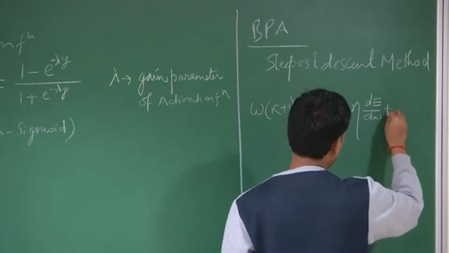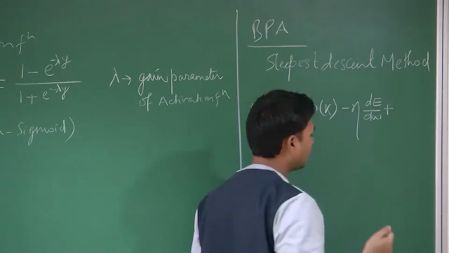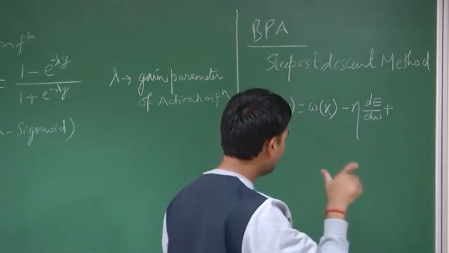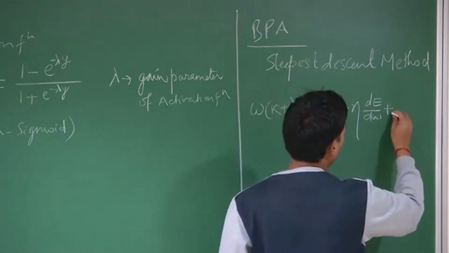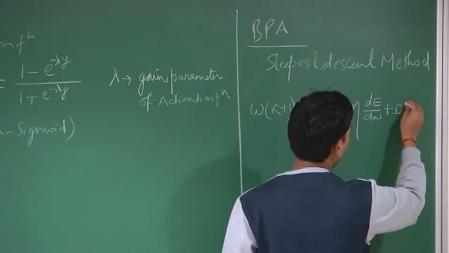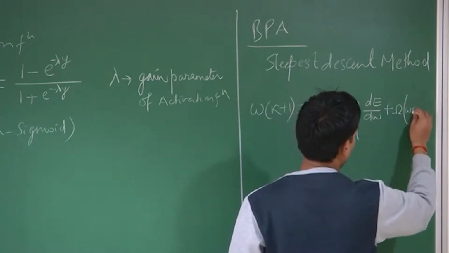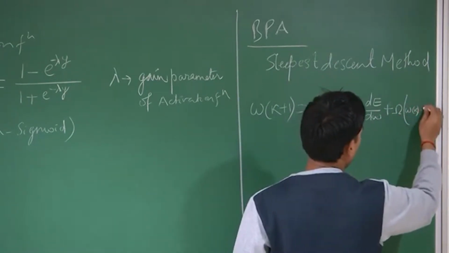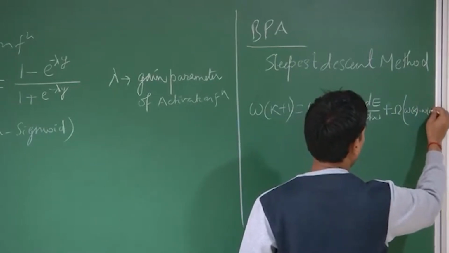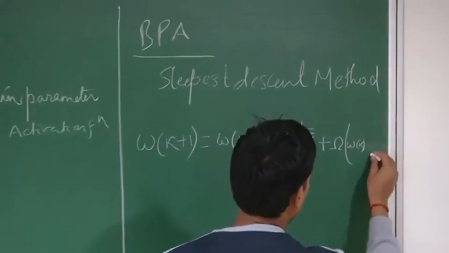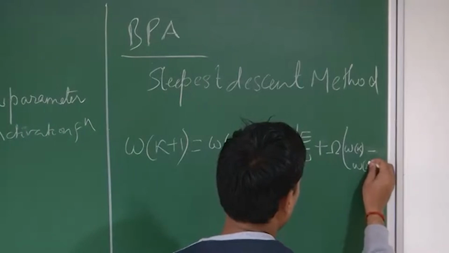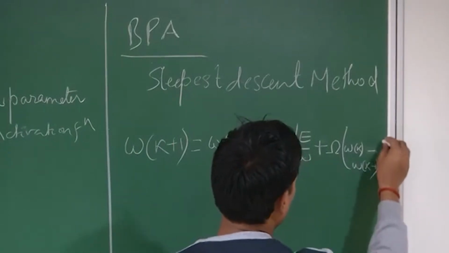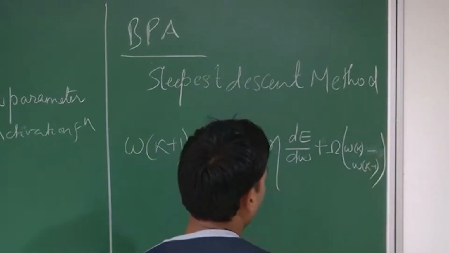Suppose your error is becoming constant for some reason; then to improve that you can add a momentum parameter with W of k minus W of k minus 1, one step back again.